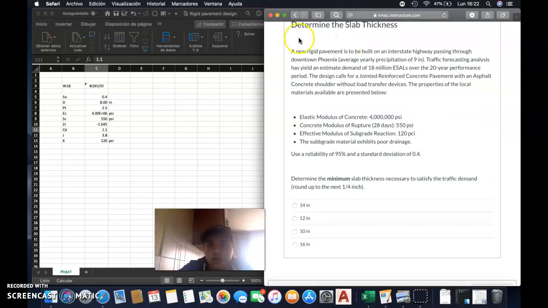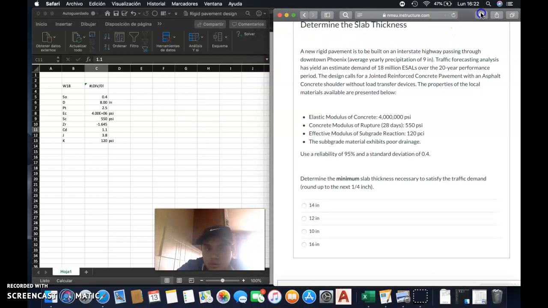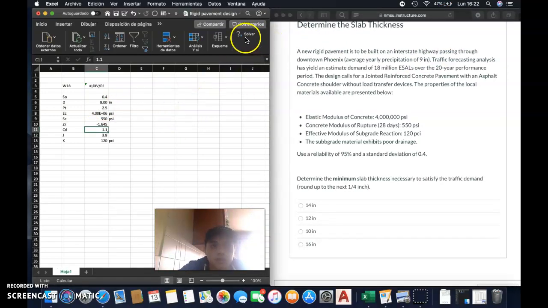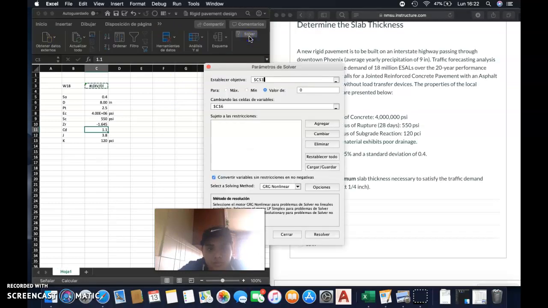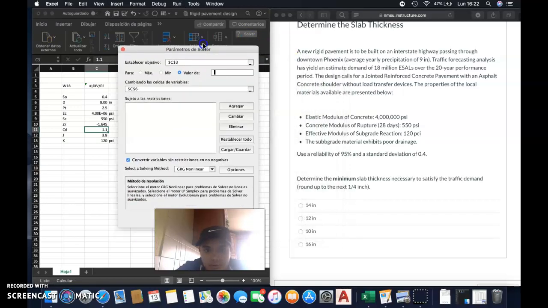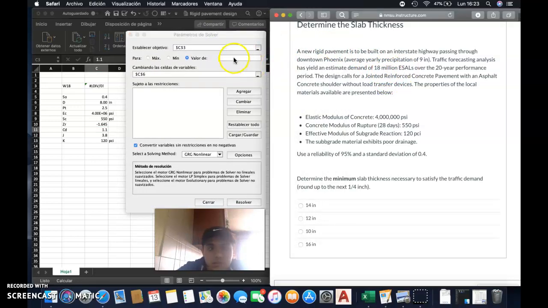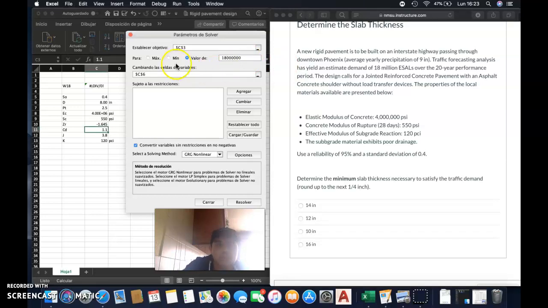We have everything to solve to get the thickness. We go to Data, next to Solver. We have 18 million ESALs, so we put here 18,000,000.